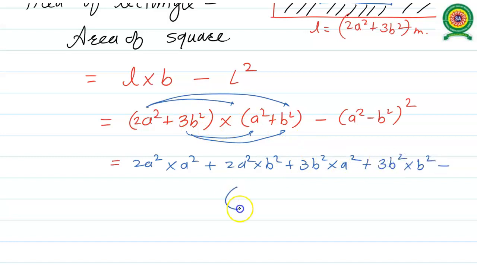Now minus, we have the expansion of (a minus b) the whole square, but now the a value is a square and the b value is b square. So we get a square the whole square, minus 2 times a square into b square, plus b square the whole square.